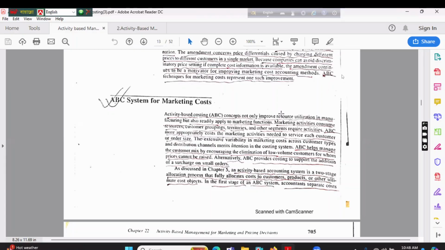In the next class, we'll discuss the math. Then we'll discuss activity-based costing systems for marketing cost.